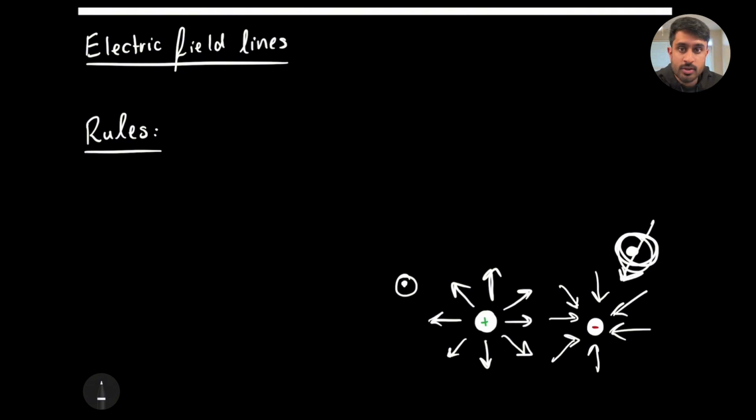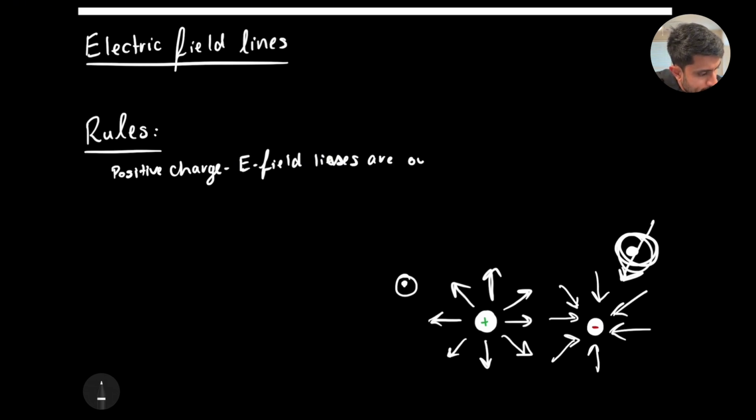So these are some basic rules, and let's actually get them down on paper now. For positive charges, E field lines are outwards.